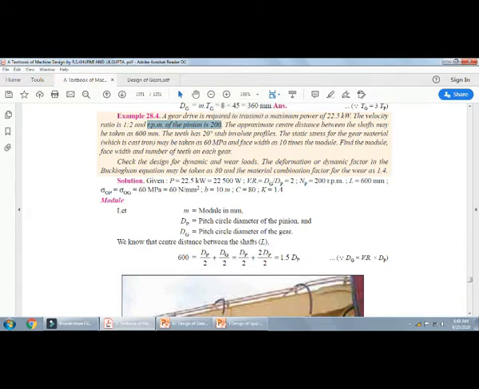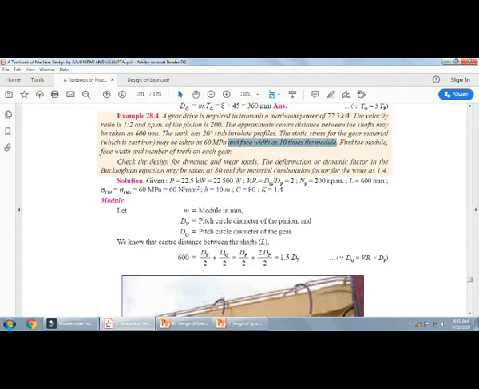Then L is the center distance between the shafts of the two gears. This is given 600 millimeter. Sigma naught for pinion is equal to sigma naught for gear. This is 60 megapascal. The static stress for the gear material may be taken as 60 megapascal. Now B is the face width, which is taken as 10 into module. Face width is 10 into module. Then C factor is equal to 80 and K is equal to 1.4.